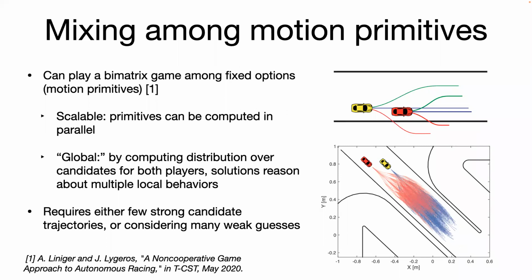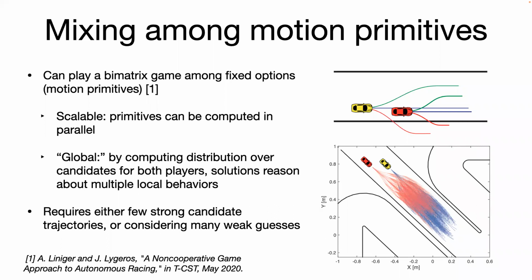And I'd say the only slight pain point here is that this requires us to either have a few very strong, heuristically chosen candidate trajectories, so maybe turning left, going straight, going right, like on top, or not having access to that information, or not choosing to use it, and just sampling a bunch of random, potentially weak guesses.